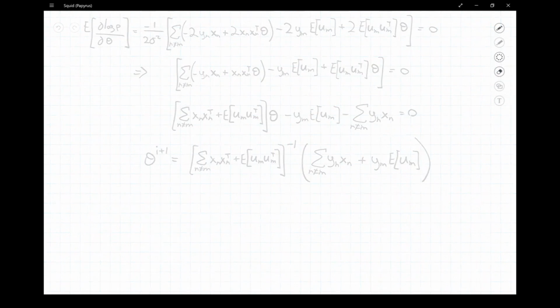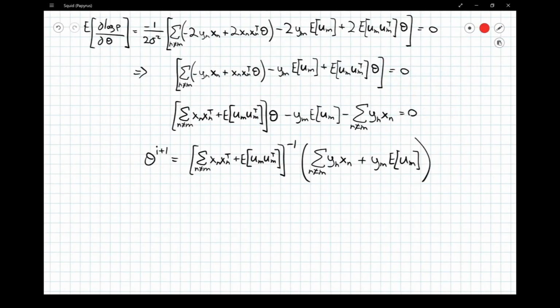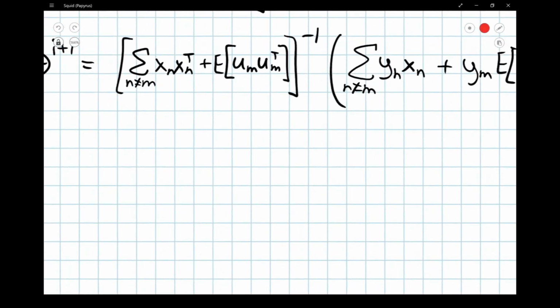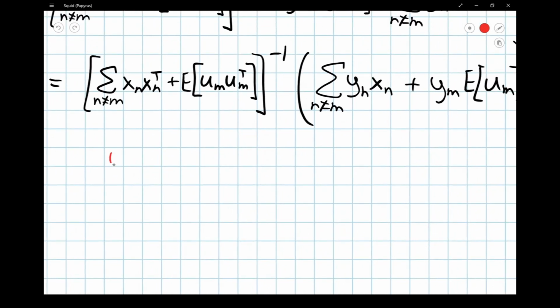So just to be clear, we have to remember that this was equal to xm that we knew, and zm was our missing data point.